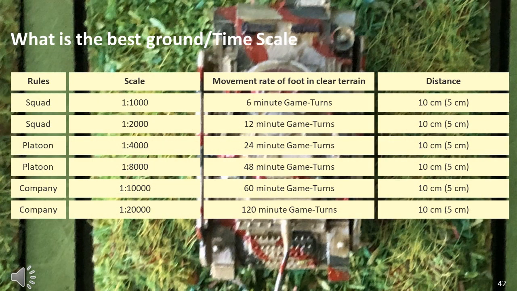Let's apply this simple formula to all our element scales and see what we get. This shows the optimum ground time scale. The 10 centimetres for infantry represents foot moving in clear terrain with no enemy opposition, but with enemy within 5 kilometres. In most cases, rules give infantry a movement allowance of 5 centimetres, but with travel modes or road movement rates which allow this to be doubled or even more.